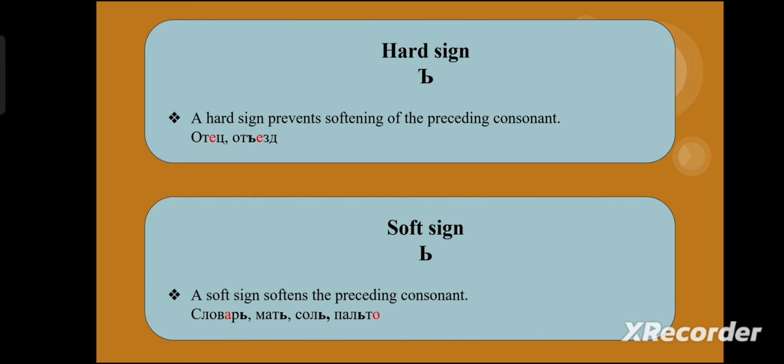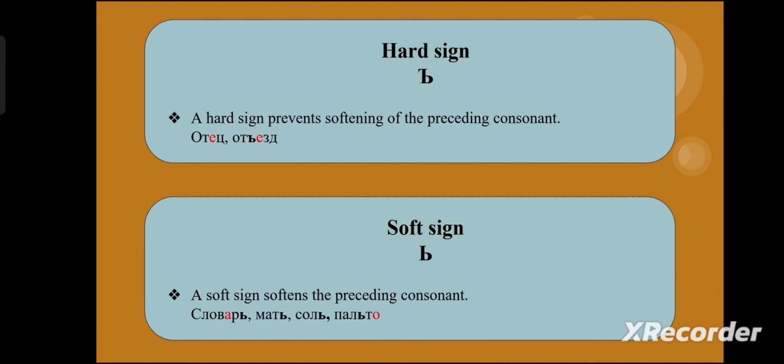So, if there is a hard sign in a word, it prevents softening of the preceding consonant. So the preceding consonant is also pronounced hard. Here, in atheist, we pronounce the letter th hard. And in the first word, отец, we do not have a hard sign, so the letter th is pronounced soft.